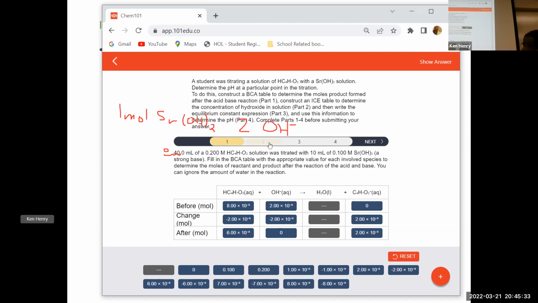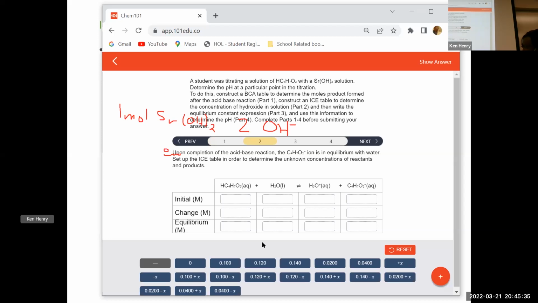So that would be what? It's 0.12. Okay. Then this would be the water.